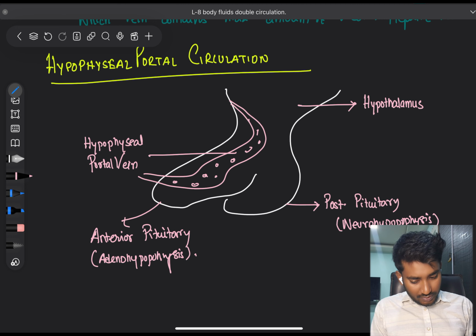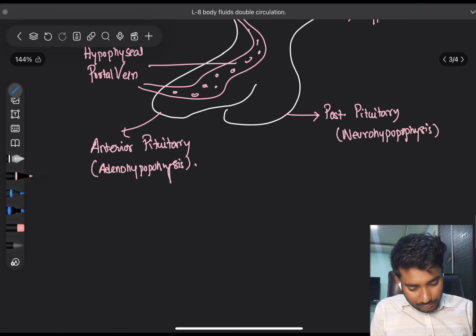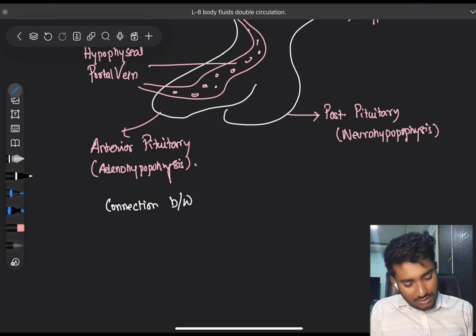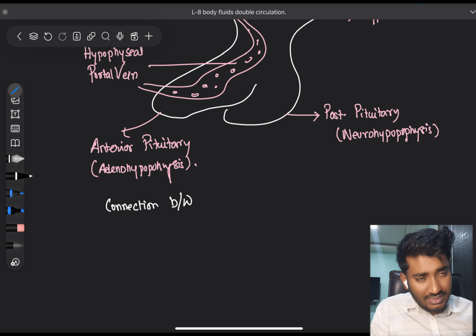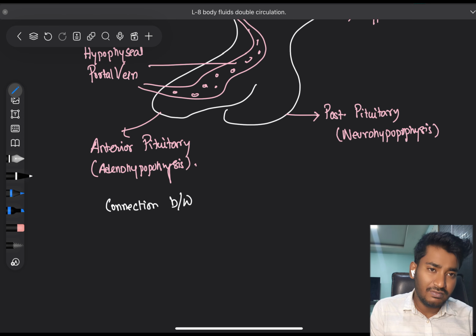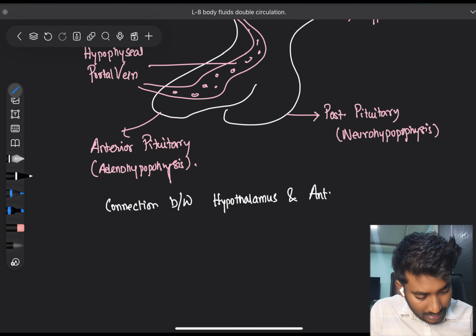The connection between the hypothalamus and the anterior pituitary is conducted by the portal vein.